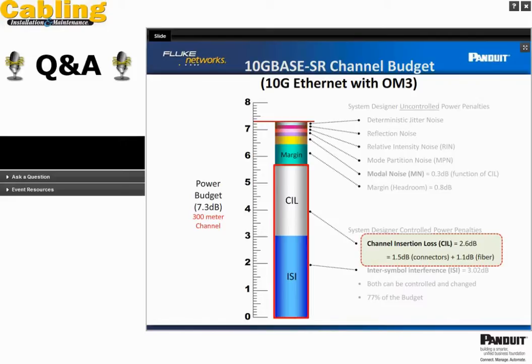Applications engineers have calculators that can do this for customers and do these trade-offs. It's a dangerous thing, and you tread a thin line if you do this willy-nilly. So what I would recommend here is that you work with your connectivity and cabling manufacturer to work through these issues, if you're going beyond the standards, if you've got more connectors in the channel, if you're trying to push the length of the channel and so forth.